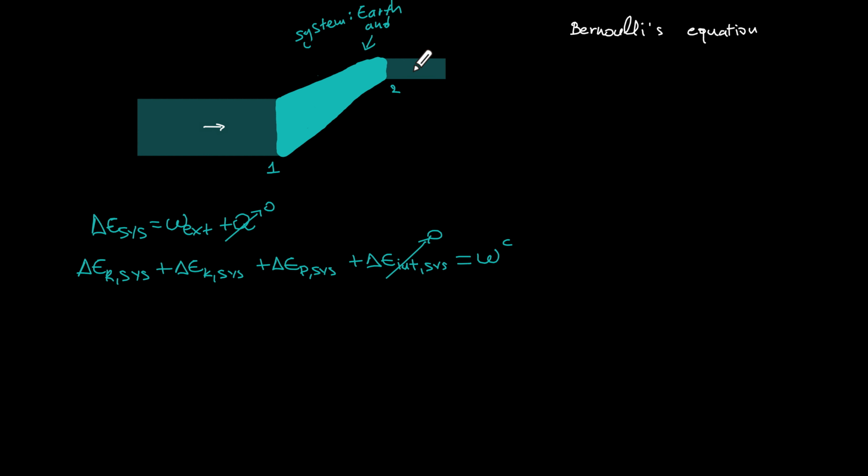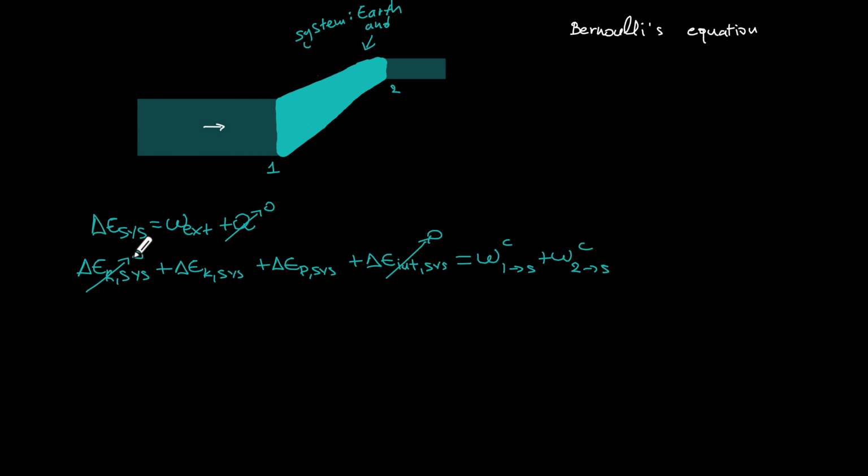This part of the fluid, 2, is part of the surroundings and is pushing on my system to the left. So there is some work done from 1 on the system plus some work done from 2 on the system.